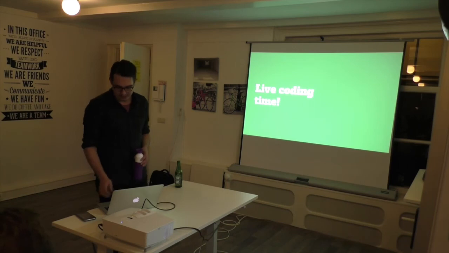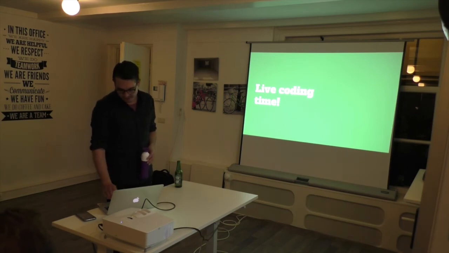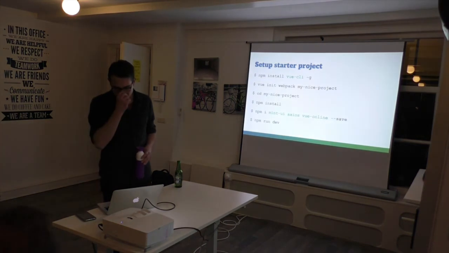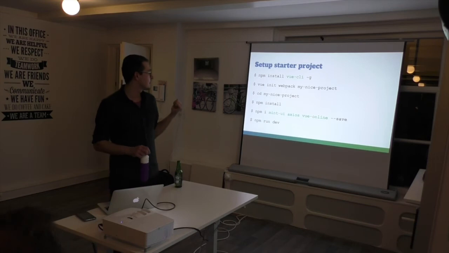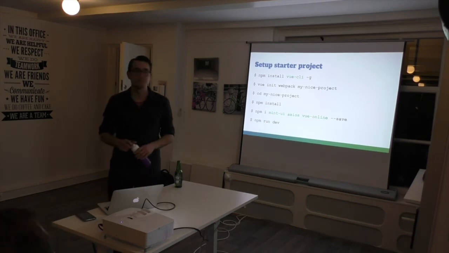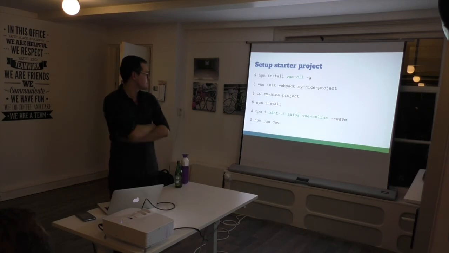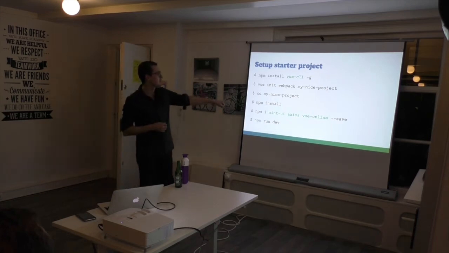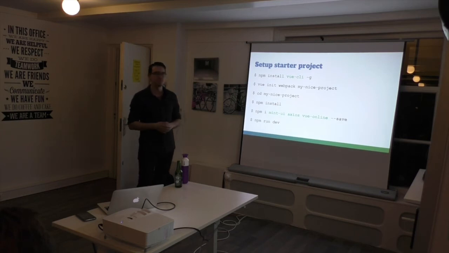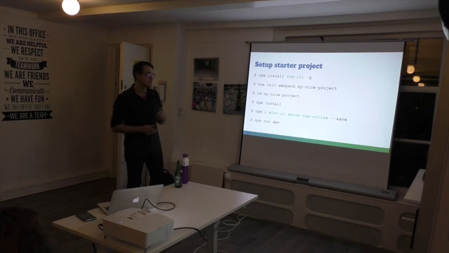Now I'll do a little bit of semi-live coding. Basically, I'm just going to install the Vue CLI, then init it with the Webpack version of the project, and then install a couple of libraries. This one, MintUI, is basically a list of UI components, elements, something like material design, mostly for mobile.